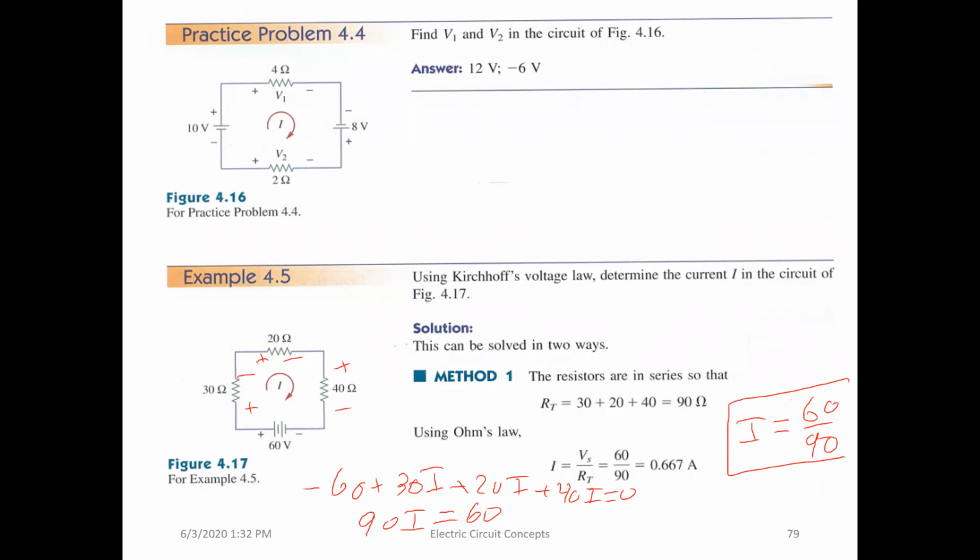Now, that was method number one. This is method number two, where you find RT, so you don't need to use KVL. We could use only Ohm's law, but before we use Ohm's law, we have to combine all the resistors and find RT.